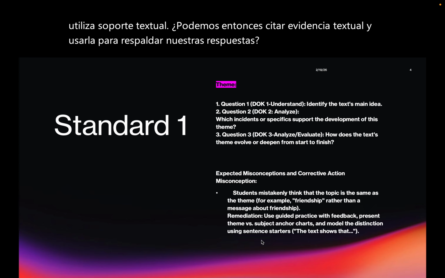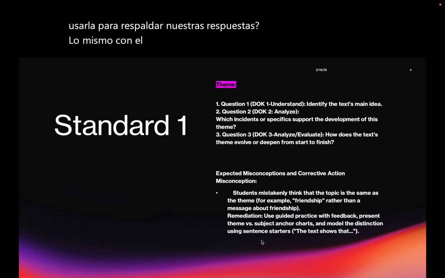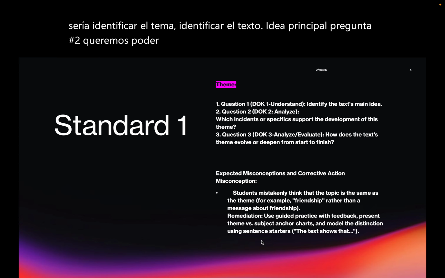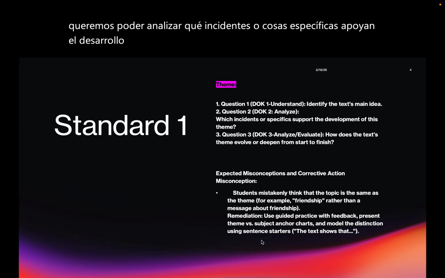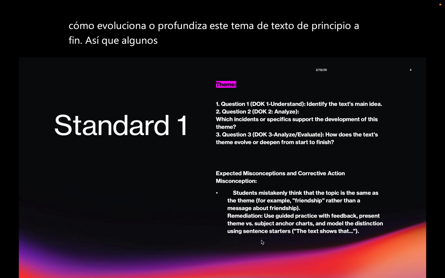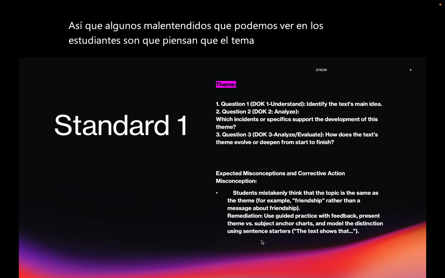So with standard number 1, obviously our first question would be identify the text's main idea. Question number 2, we want to be able to analyze which incidents or specific things support the development of this theme. Question number 3, we want to be able to evaluate how does this text theme evolve or deepen from start to finish. So some misconceptions that we may see from students are they think that the topic is the same thing as the theme.